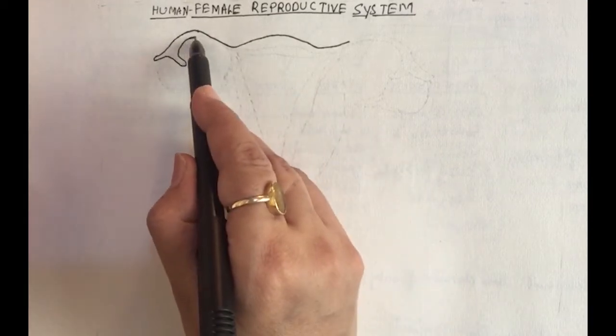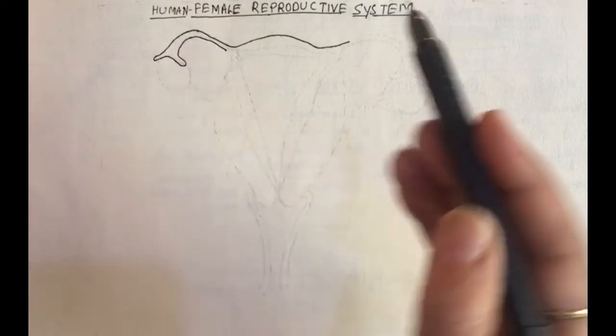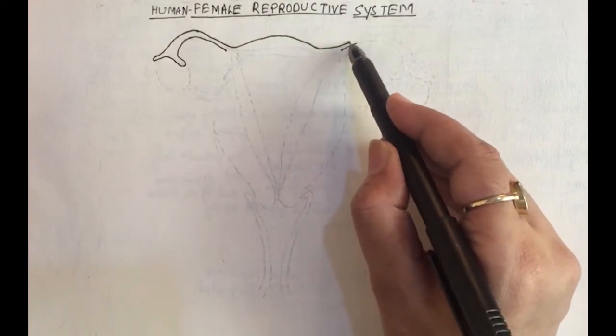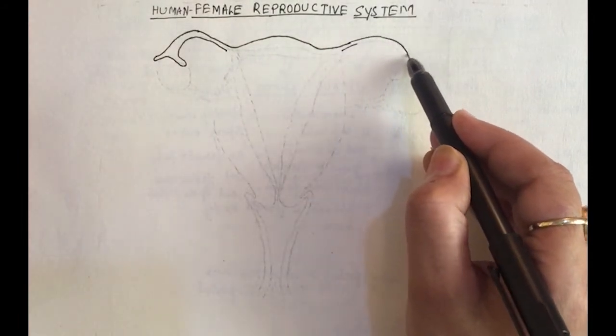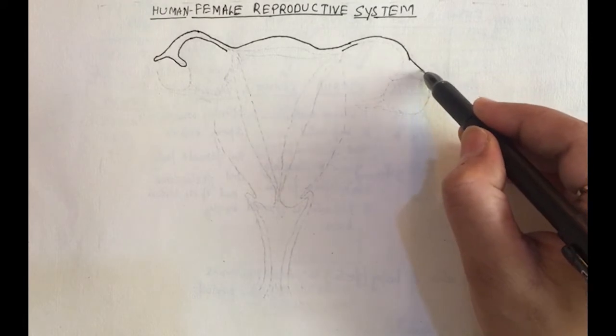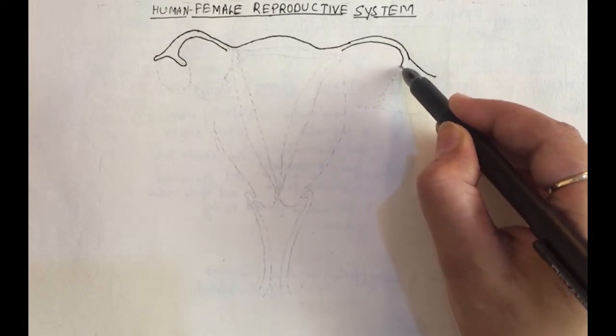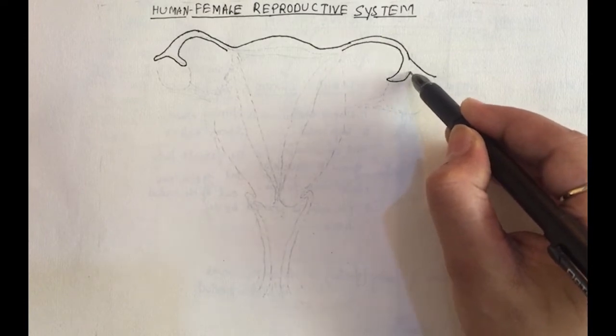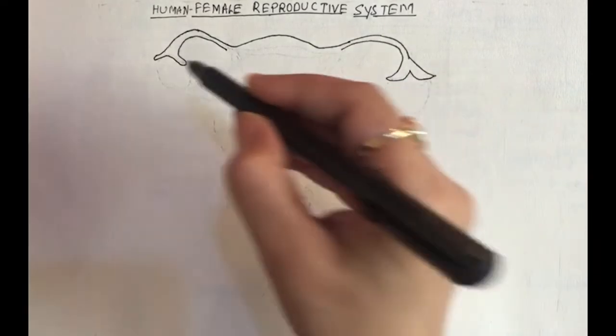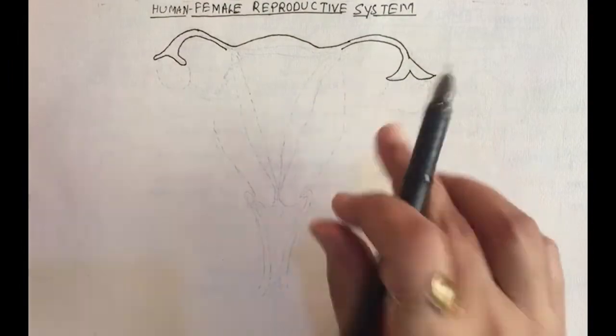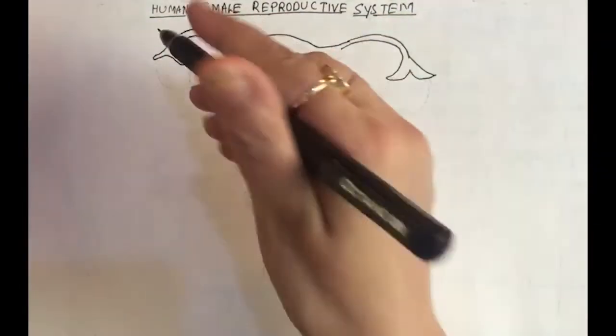Can you see it properly? So these are the two oviducts which are going.